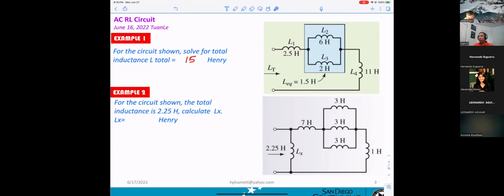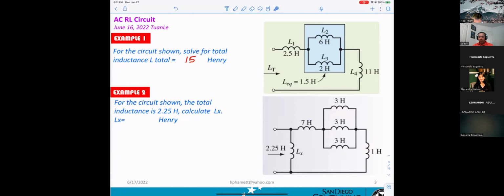On this one, 300, 300, 300 in parallel combine to give 1 Henry. Then you can add 700 to the combination here and 100, and you get another 1.